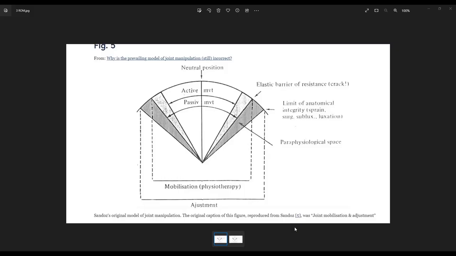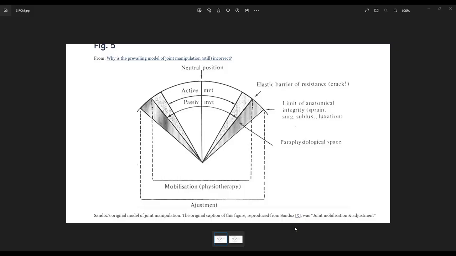Again, there's no damage at this point. And of course, this is where the defense mechanisms come in. This is what your defenses are trying to do, is trying to absorb that energy and stop it going past these three ranges of motion into anatomical failure.